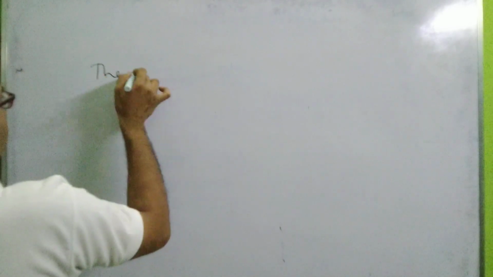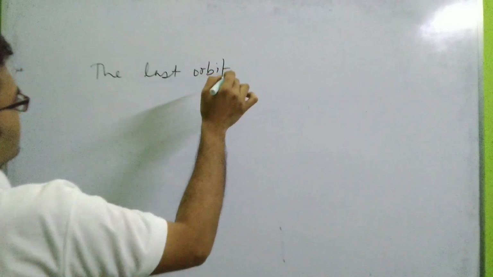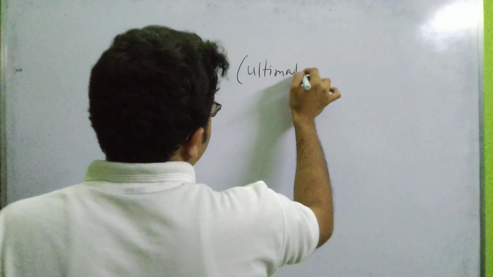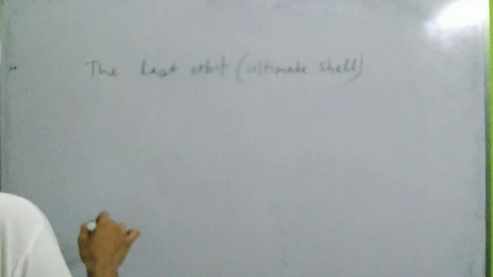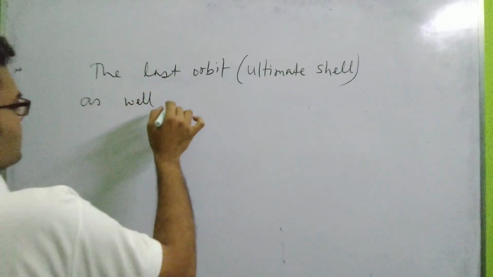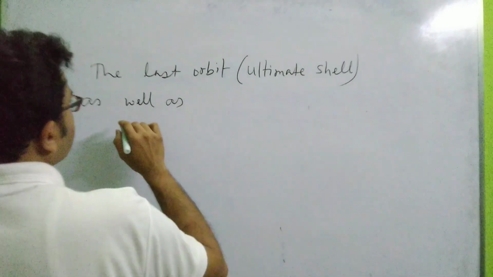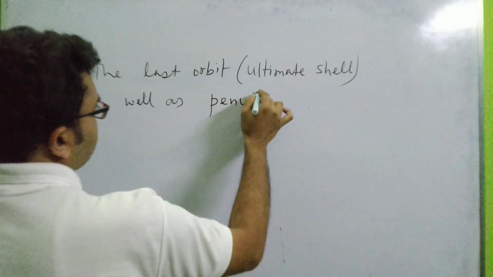the last orbit is called the ultimate shell, as well as the penultimate shell.